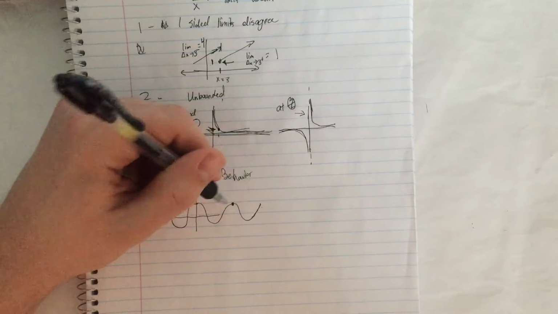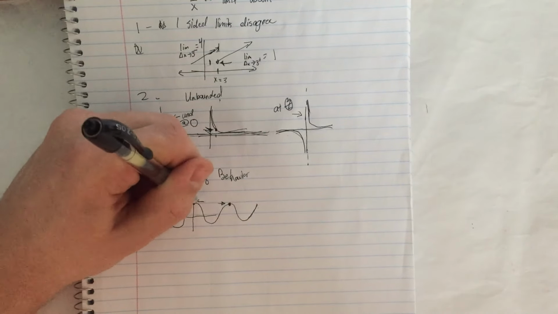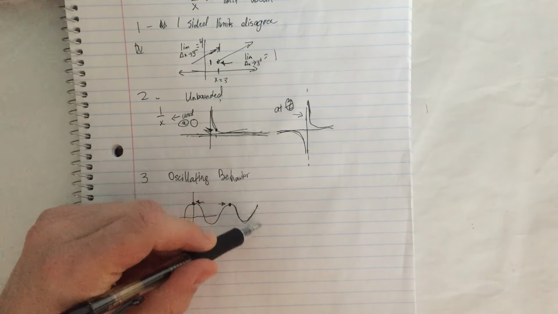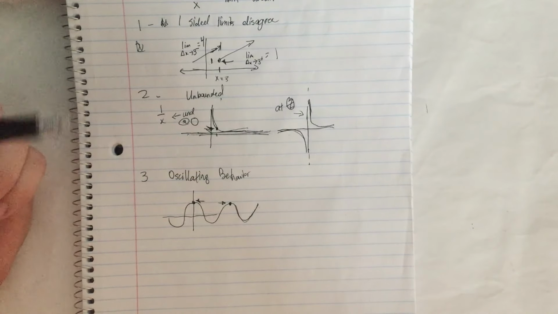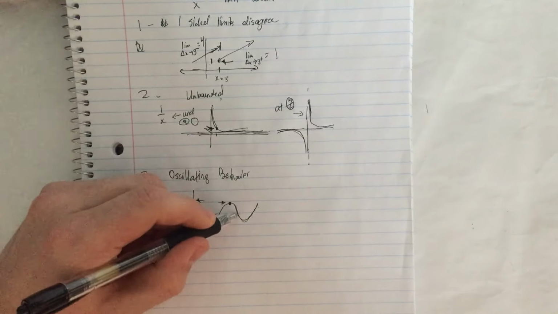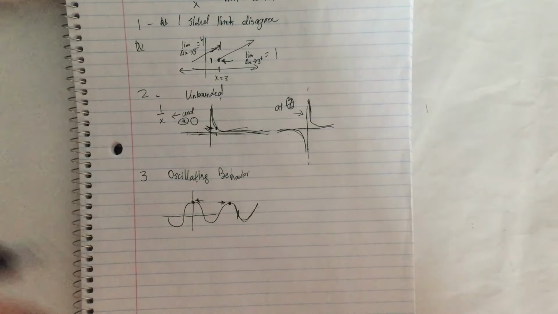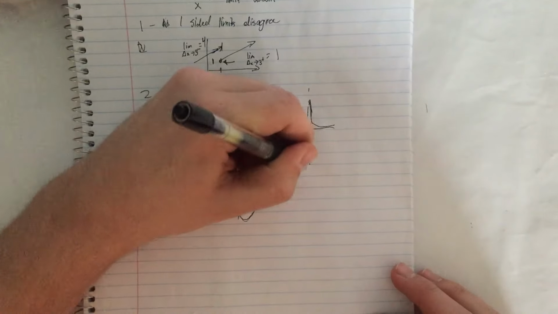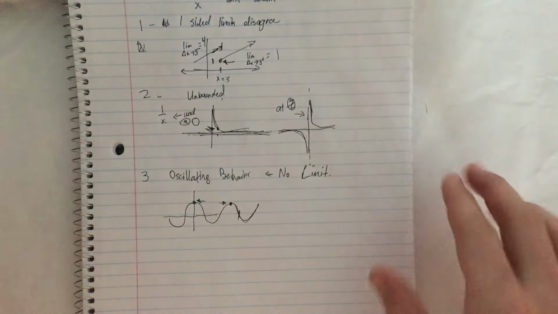If there were a limit here, the limit here would equal the limit here. But because it's going back and forth, there's no point where you get super close and it stops. If that makes sense. Oscillating behavior, no limit. In the next video I might have a reason for that, I don't know.